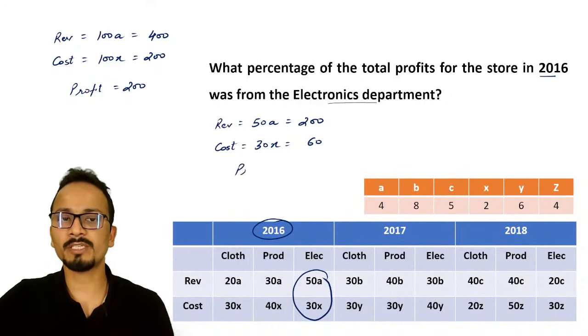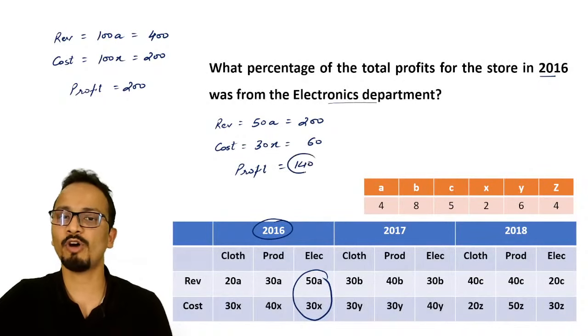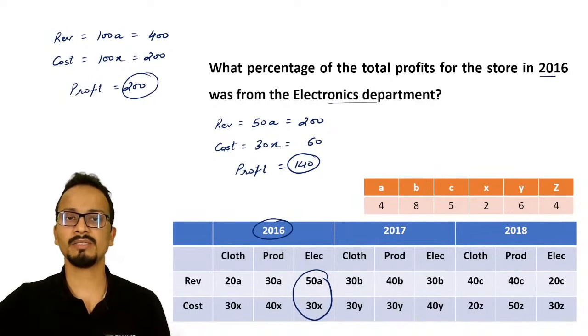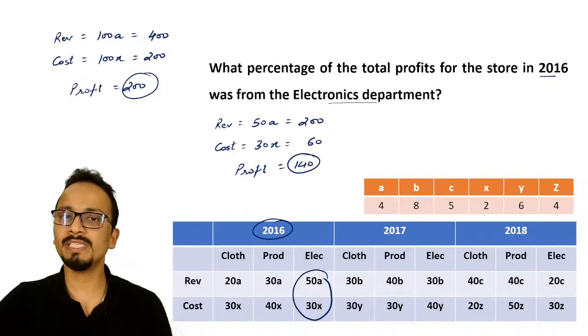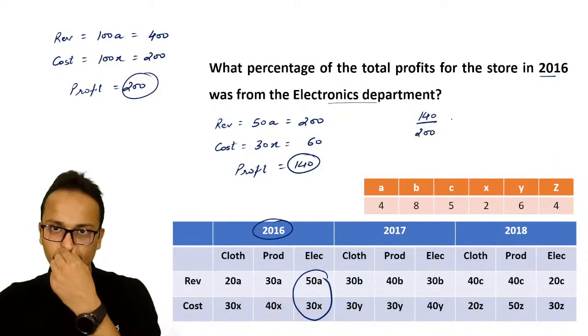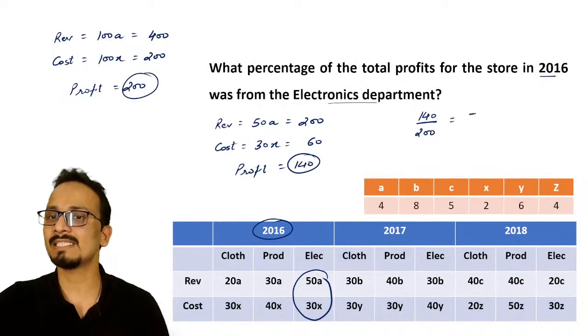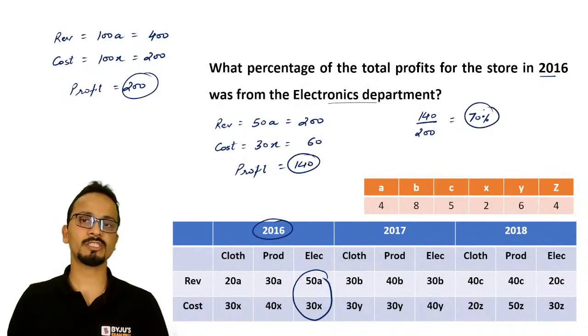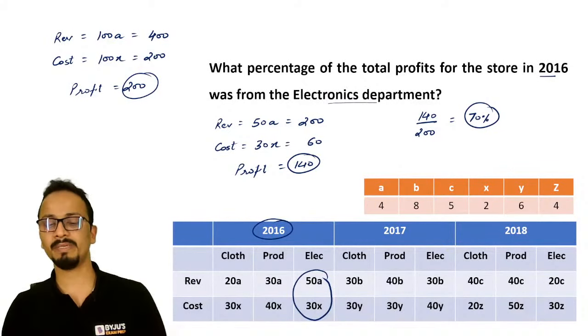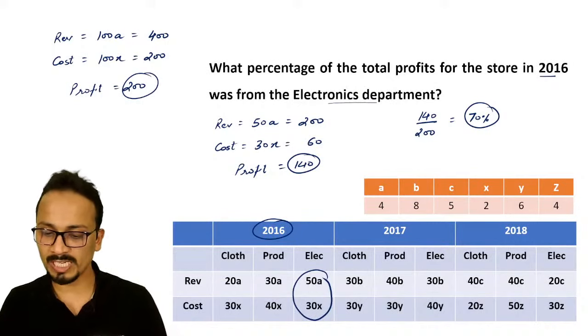So the profit from electronics is equal to 140. Okay, now out of a total profit of 200, profit of 140 rupees came from electronics department. So what is this percentage? 140 upon 200, or you can say that 70%. So 70% of the profits of 2016 came from electronics department. Yes, Vicky, absolutely correct.